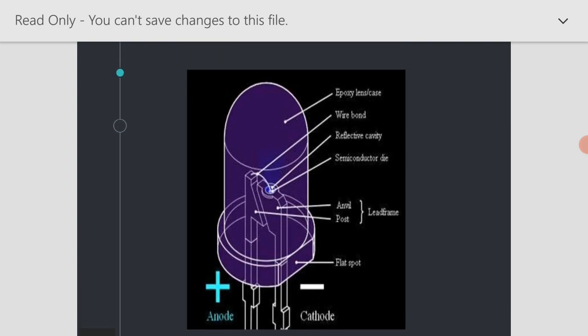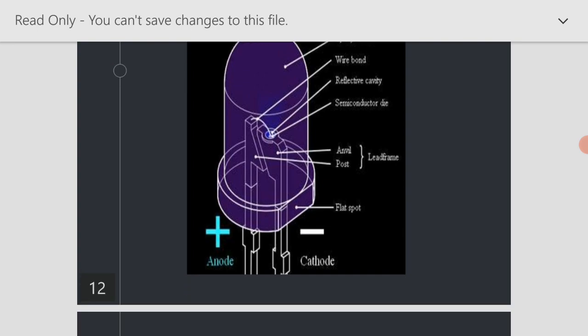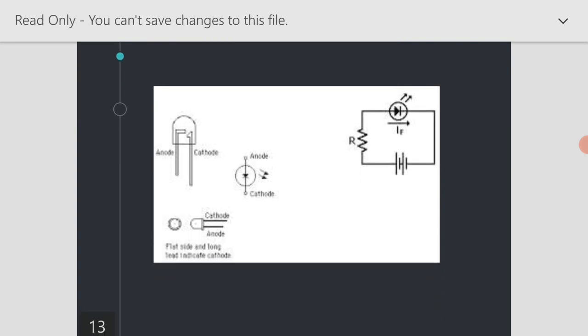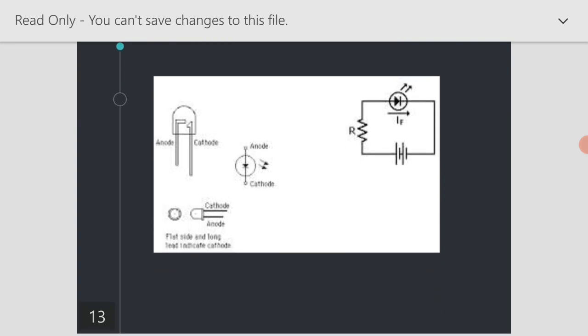The anode and cathode, the two terminals of the LED, are as shown in a slide. Flat spot, anvil post, lead frame, epoxy lens, wire bond, reflective cavity, semiconductor die. As shown in a slide, the LED has two terminals, anode and cathode. The symbol of LED is as shown in the figure.